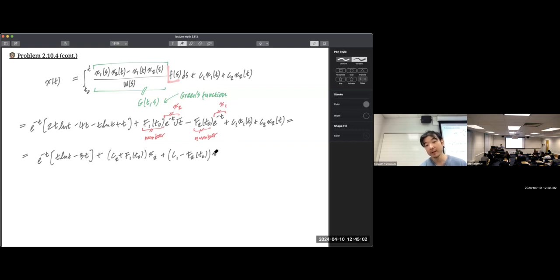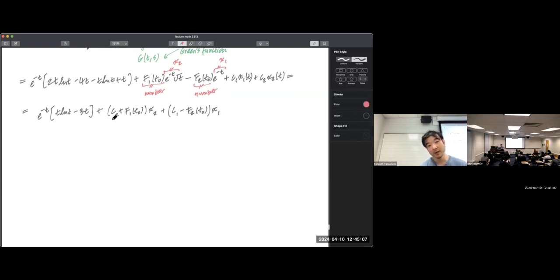But you can redefine these constants because these are just numbers. These f functions are just the antiderivative of those integrands evaluated at the initial time. So you could label this a C2 and this a C1. And so your full solution is going to equal this.